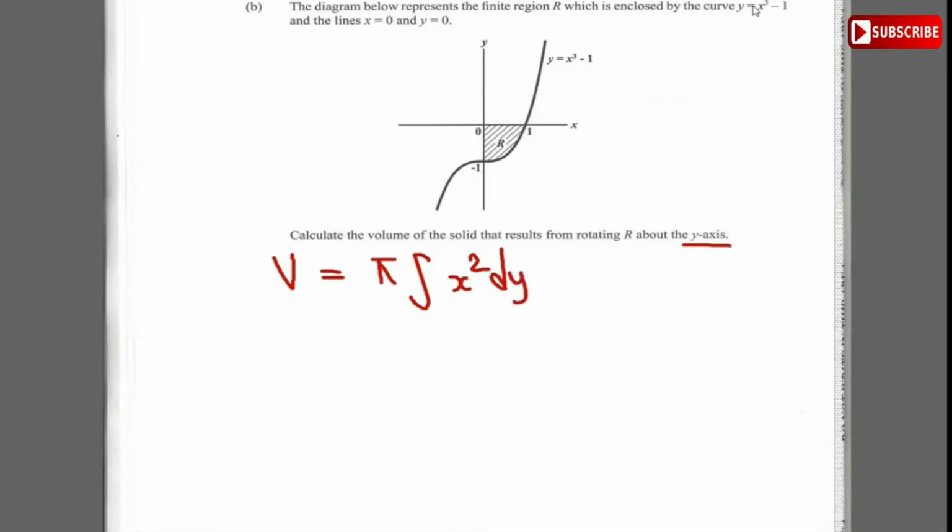Now, they told us that y is x cubed minus 1. So what I'm getting is y plus 1 is equal to x cubed, when I bring the 1 over. And so I'm getting that x is equal to (y plus 1) to the 1/3 power.